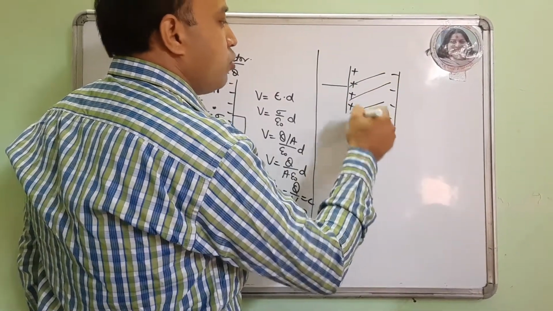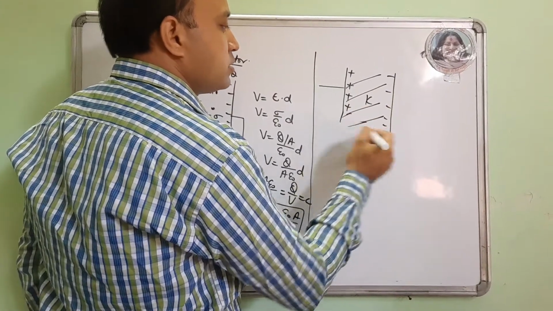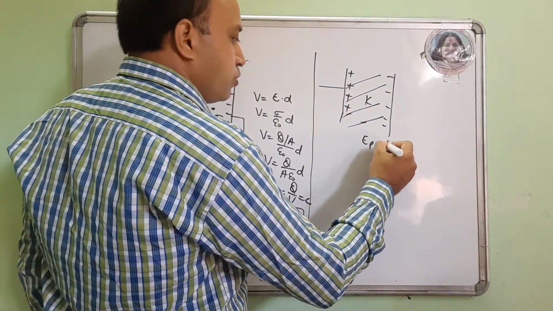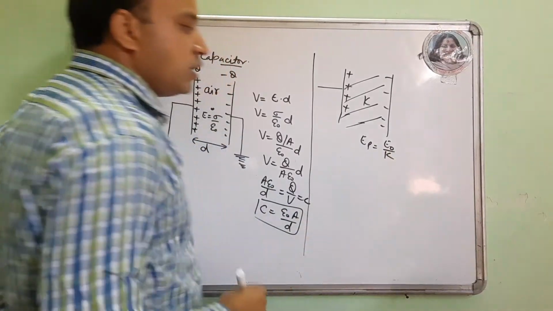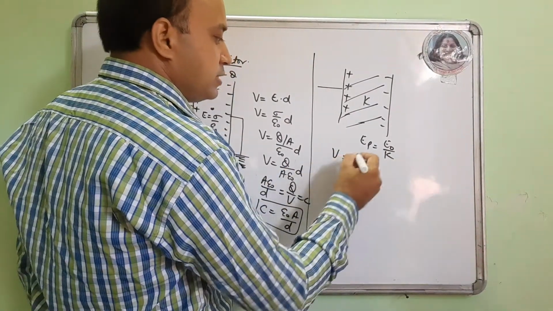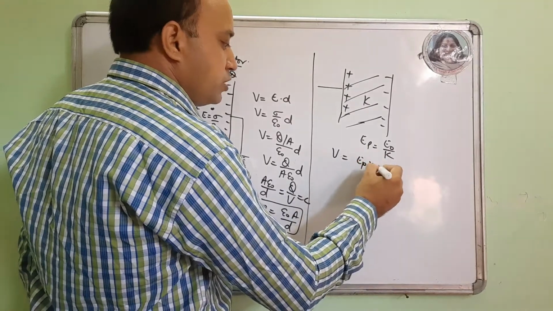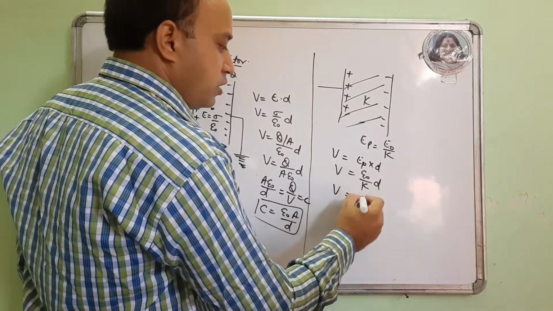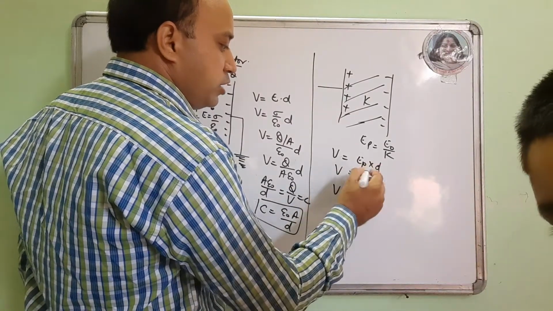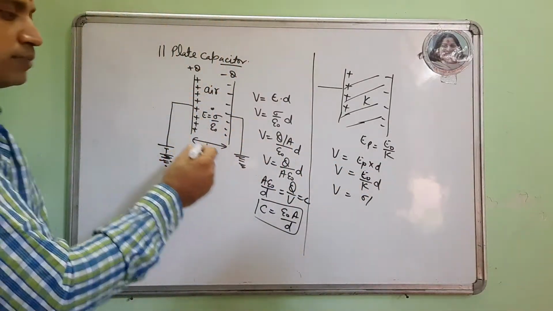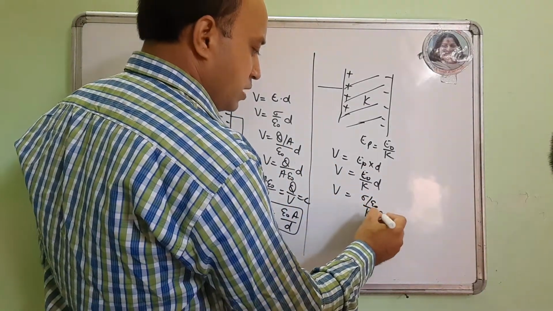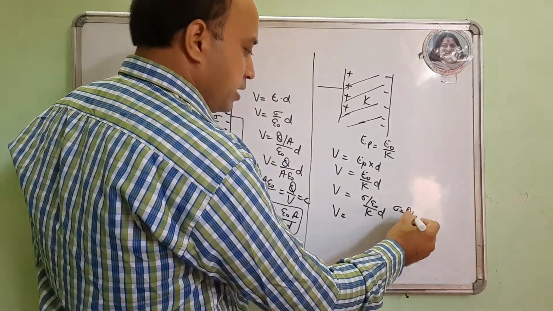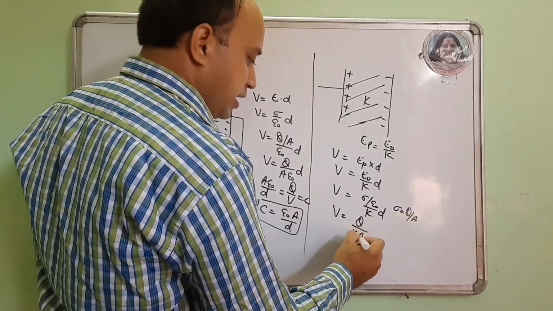Suppose I fill a dielectric of dielectric constant K between the plates, then the electric field, that is the polarized electric field, is E naught by K, and the voltage across them is EP into D. E naught is again sigma by epsilon naught K, so the voltage comes out to be, sigma is Q by A, so that is Q D by K A epsilon naught.